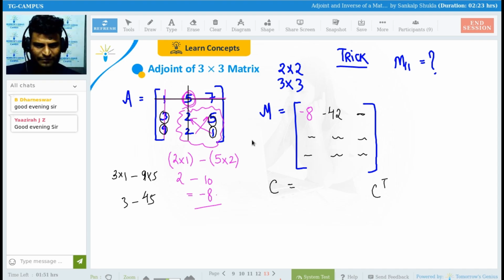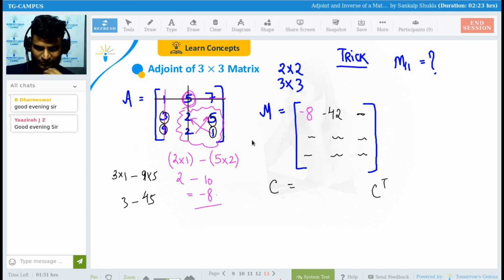Trivikram, can you please repeat this matrix one more time for me? 1 5 7.